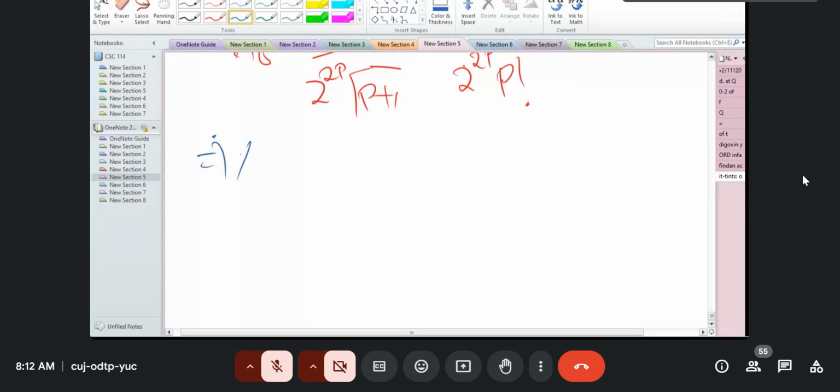So this implies our s sub 2k will be given by minus 1 raised to power k divided by k factorial. We have 2 to the 2k times k factorial times p plus 1, p plus 2, going all the way to p plus k minus 1.